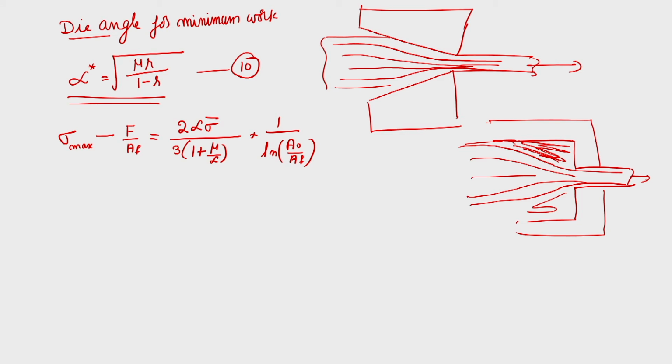So, these cracks may develop, and the parameters by which they can develop are, one, small reduction, second, large die angle, third, work hardened metal.